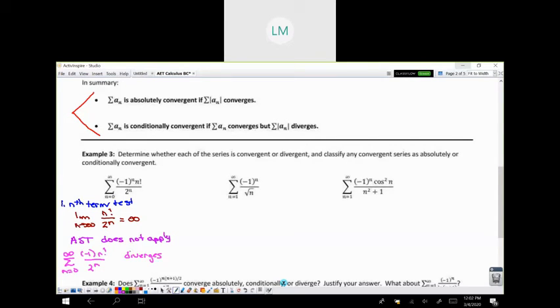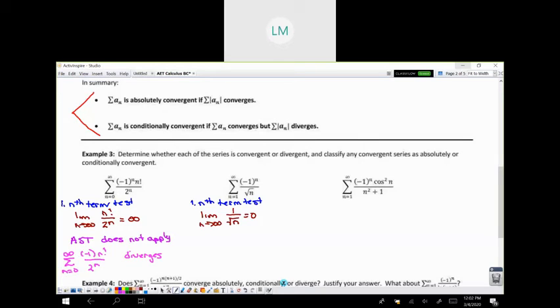Okay, so let's look at this next one. So start with the nth term test. We have the limit as n goes to infinity. The nth term is 1 over the square root of n. That goes to 0.